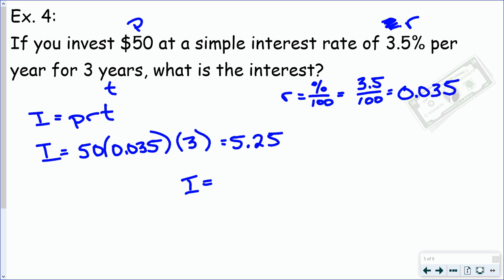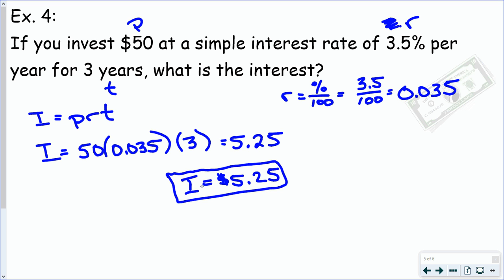And this is money, so interest equals $5.25. So if you put $50 into this account and you left it there for 3 years, they would pay you $5.25 in interest. So at that point, you would have $55.25 in your account.